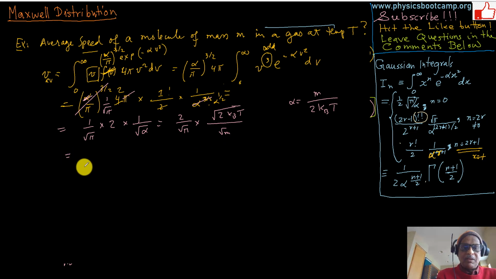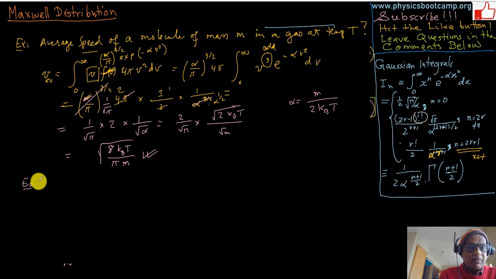So if I didn't make any mistake, I'm not sure I've made a mistake, we get a square root of 8 kBT over pi times m. So I think this is correct. I just checked it.